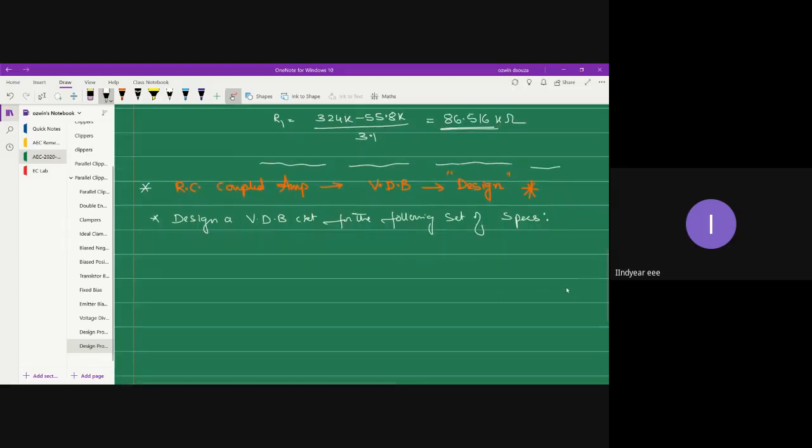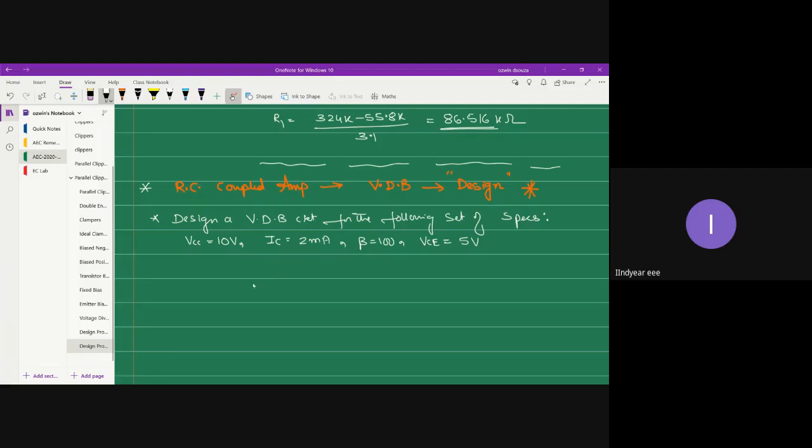VCC is 10 volts, IC is 2 milliampere, and beta is 100. VC is 5 volts. That's all that is given.